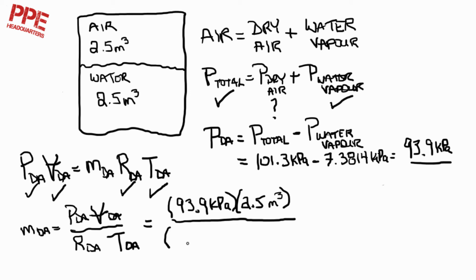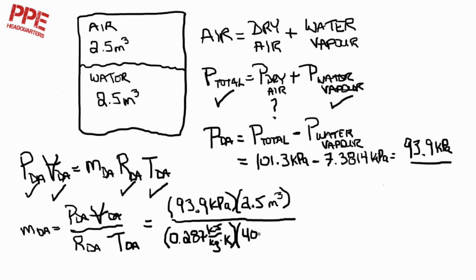This is where the units start to get tricky. R is 0.287 kilojoules per kilogram K. Now that's Kelvin, so that should give us a big clue here.